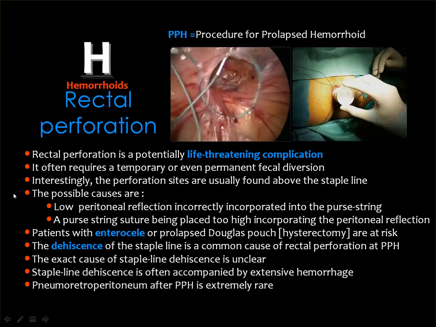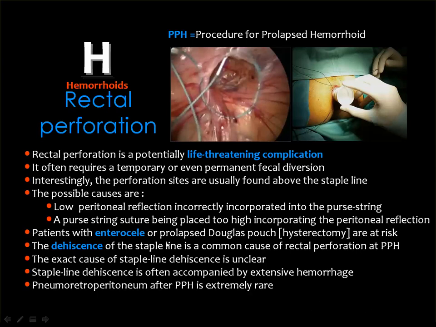And the possible causes are either the peritoneum has a low reflection that has been incorrectly incorporated in the suture, or the suture is placed relatively too high to incorporate the peritoneal reflection.